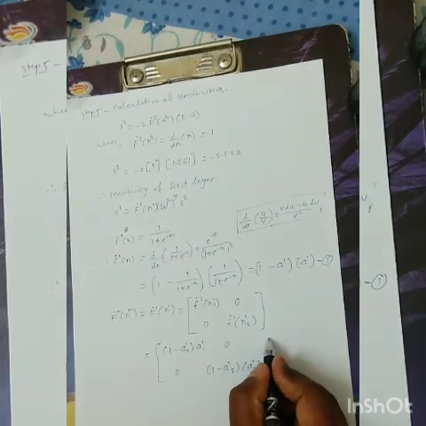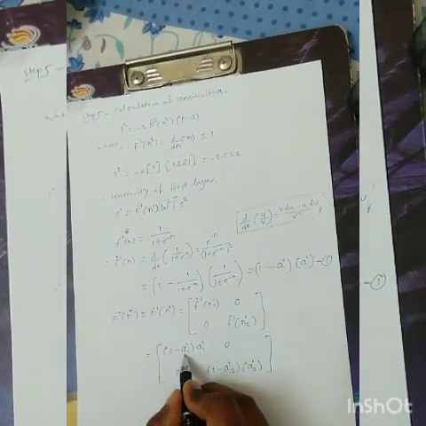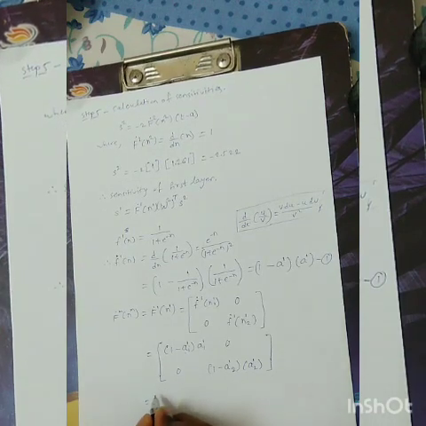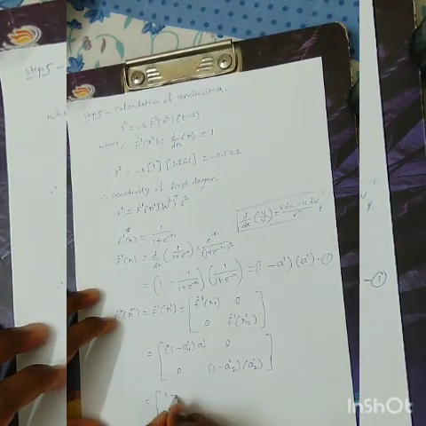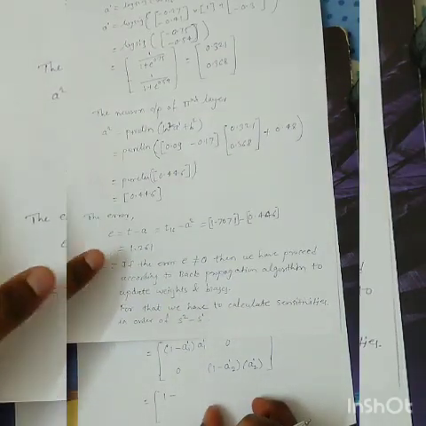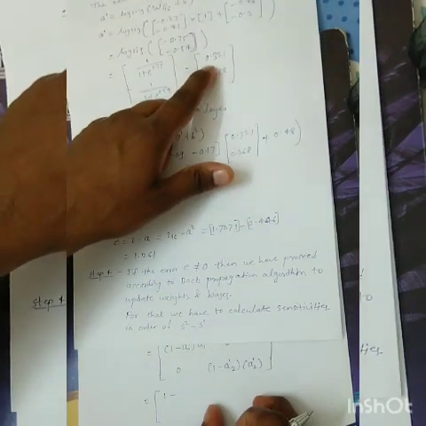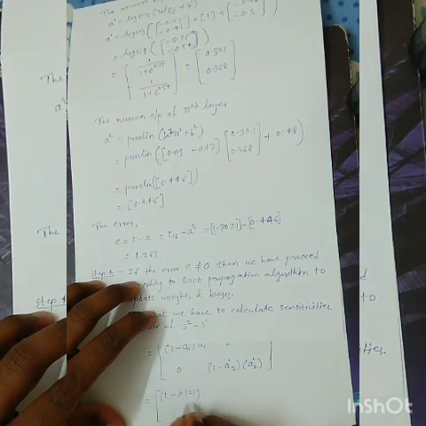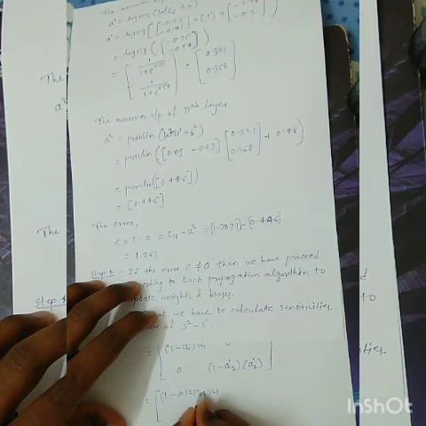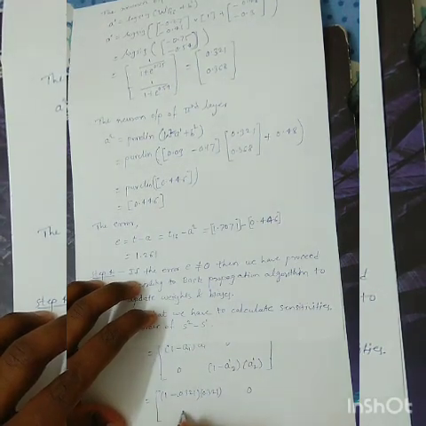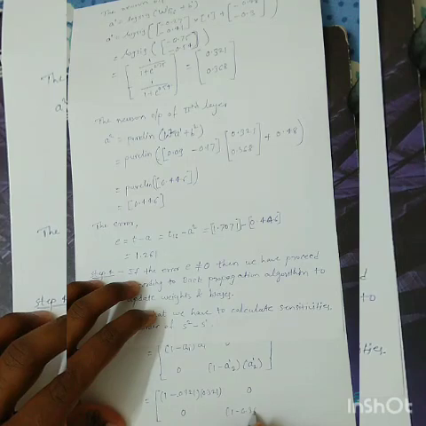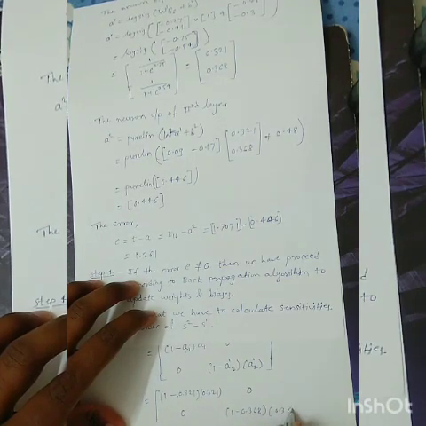Therefore we have to represent this matrix like this, where here a1 1 and here a2 1, is equal to 1 minus a1 1, that is the first element of the a1 matrix, that is 1 minus 0.321 into 0.321, 0, 0, and here 1 minus 0.368 into 0.368.